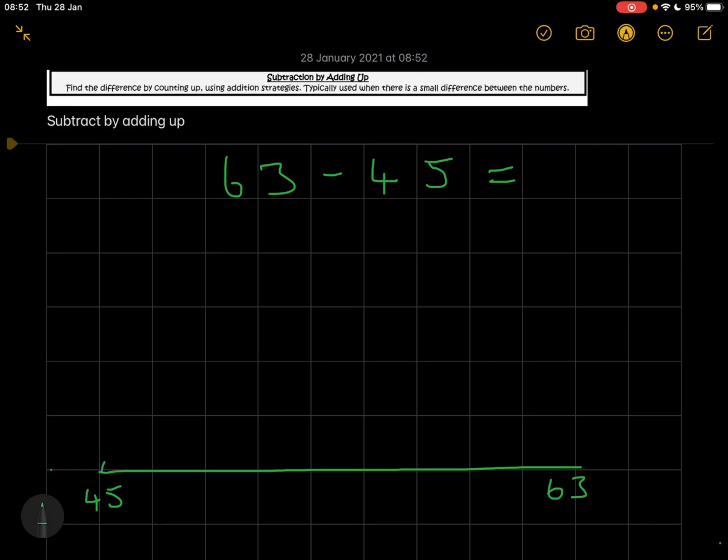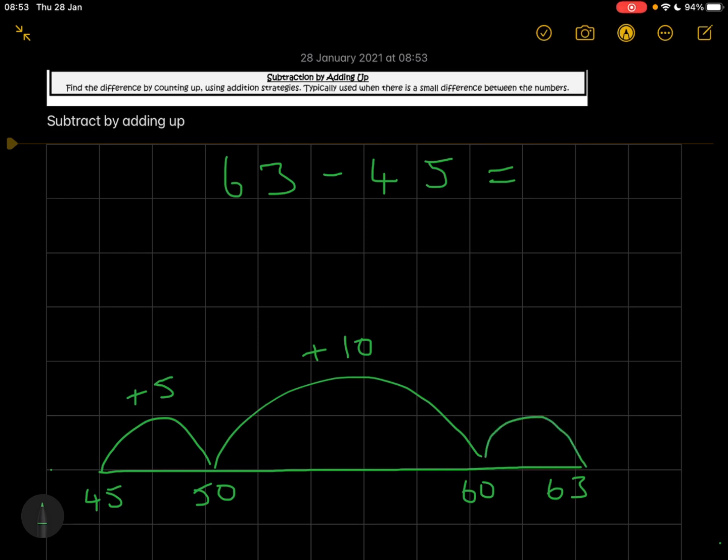So in my example, I might start by adding on 5, because that takes me to 50, which is a friendly number for me. And then I can take a bigger jump up to 60, and I know that's a jump of 10, and that just leaves me with a small jump of 3. All that's left then for me is to add together those jumps that took me to 63.